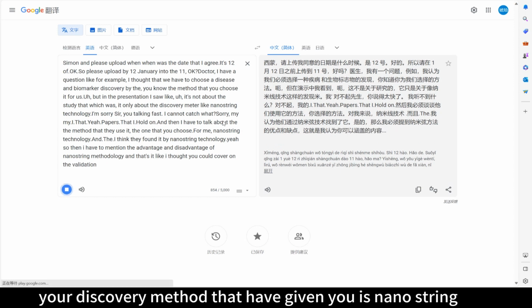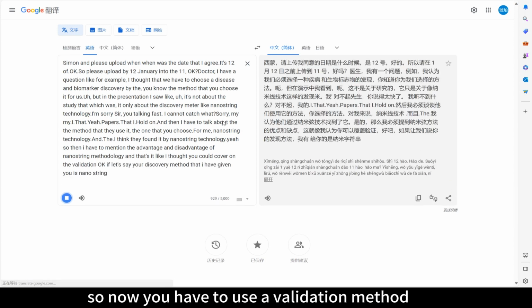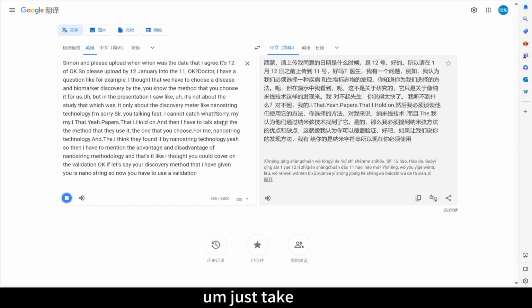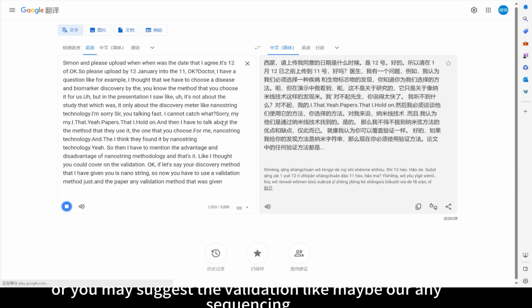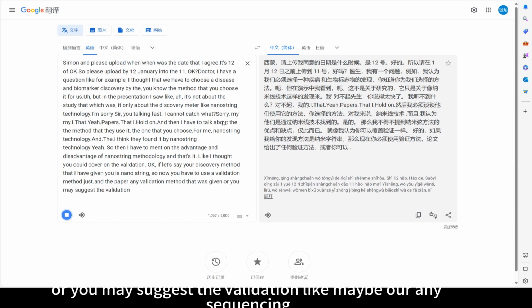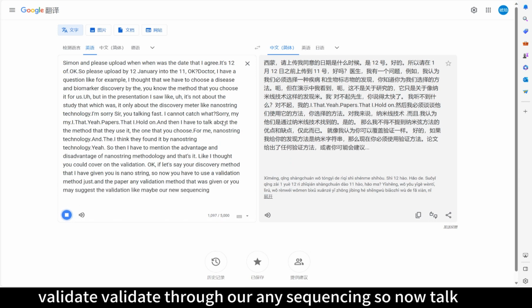If the discovery method I have given you is nanostring, now you have to use a validation method. Just take from the paper any validation method that was given, or you may suggest a validation, like validating through RNA sequencing.